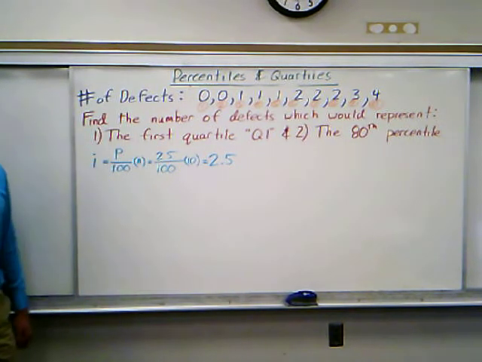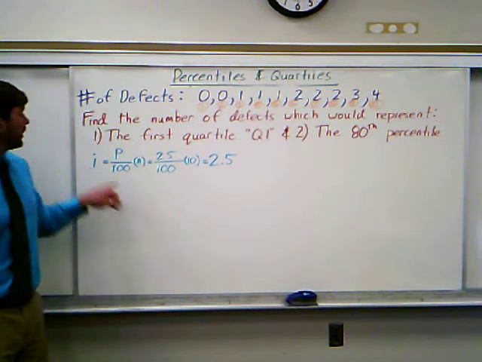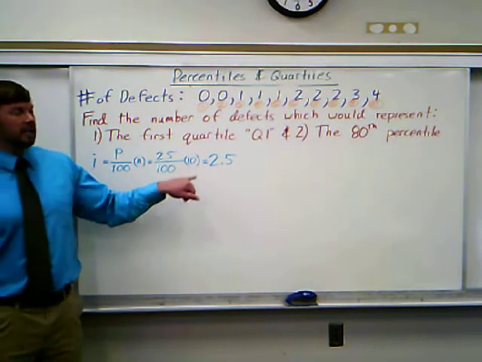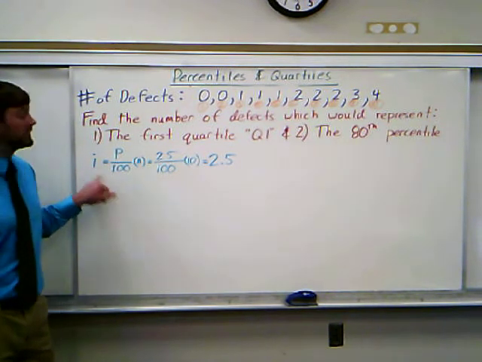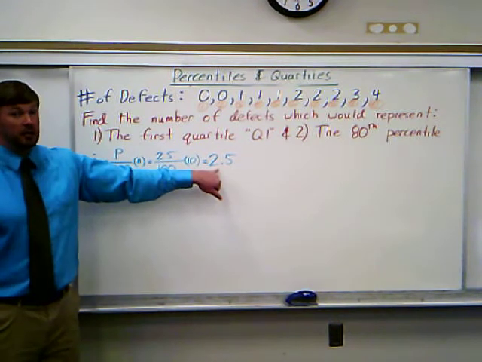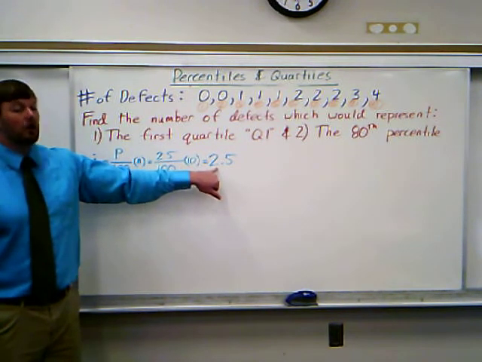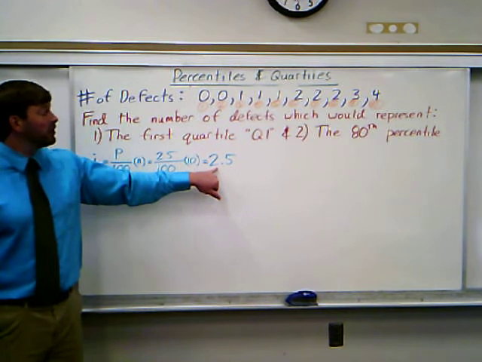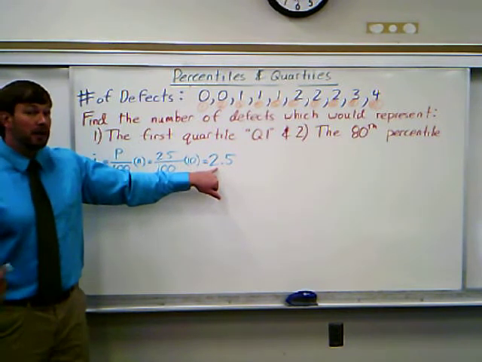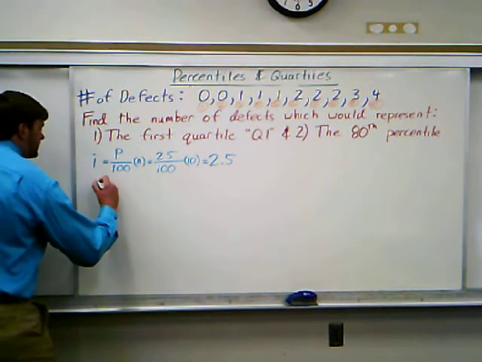So we're in that first situation now where our calculated index is not an integer. When we get a non-integer, or a decimal, what we do is just round up.